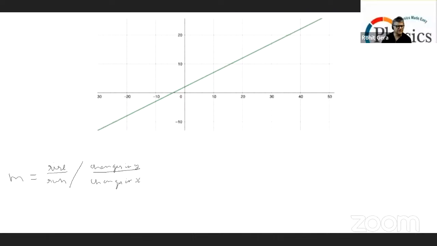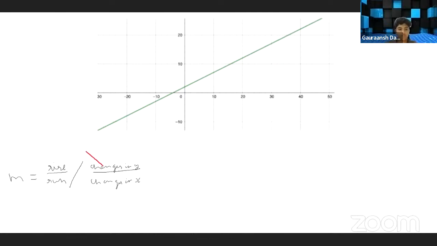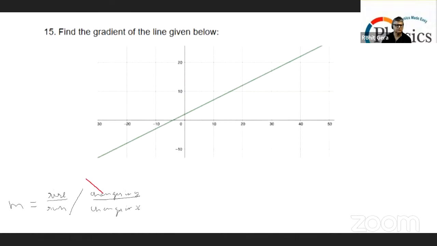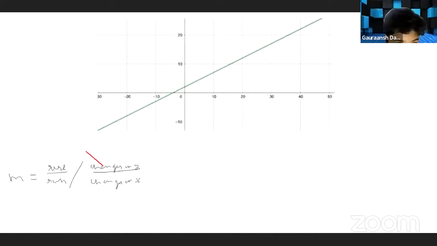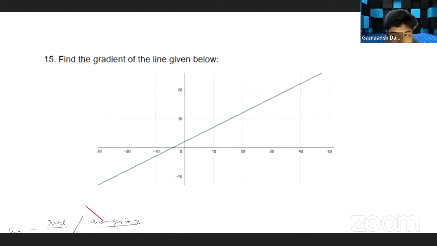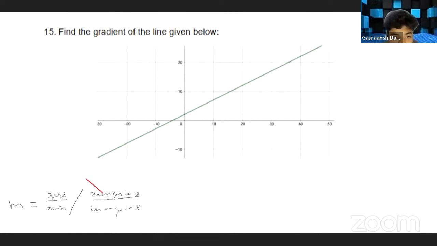What have you written? Changes. So rise over run, which is changes in y over changes in x. So you will use the grid, right? Count the grid.